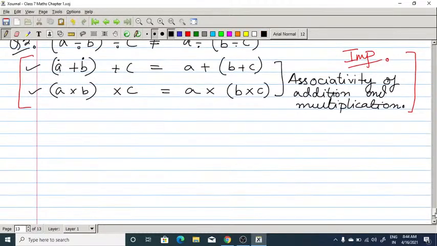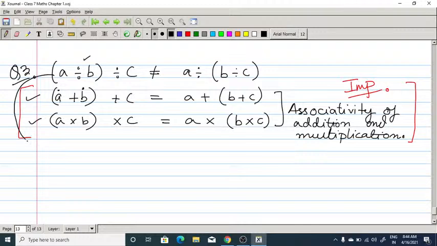Now let us do our question, this one. It's given that A is equal to minus 225, B is equal to 15, and C is equal to minus 3.